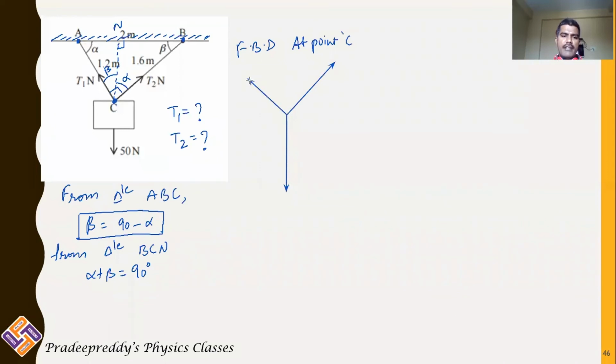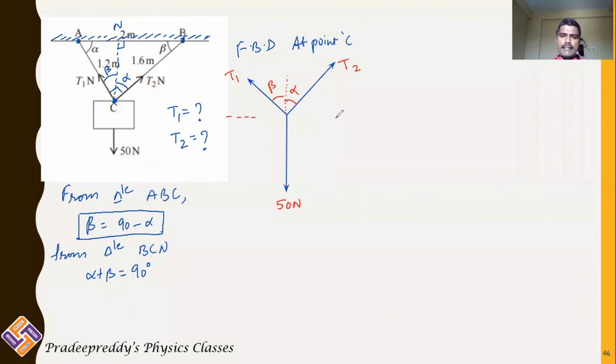It is tension T1. This is 50 Newton given in the problem, and this is tension T2, and this is tension T1, and this angle will become beta, this angle will become alpha.